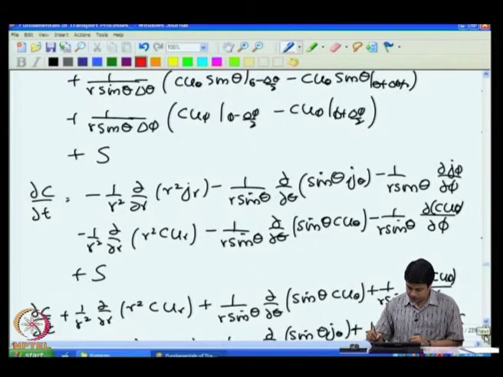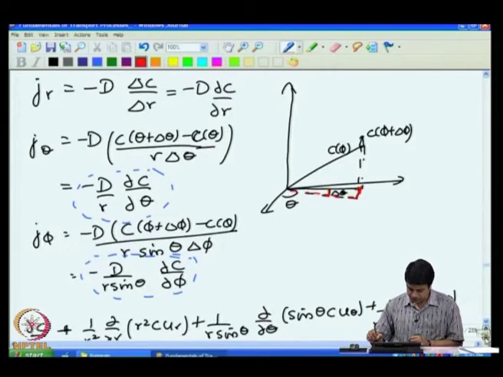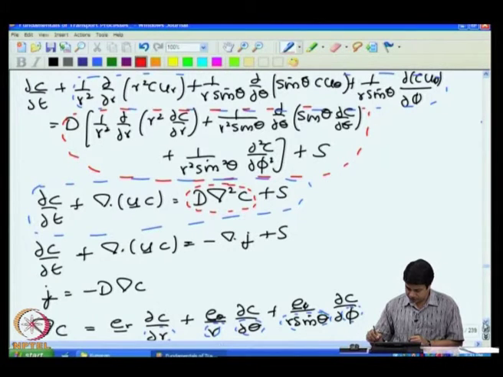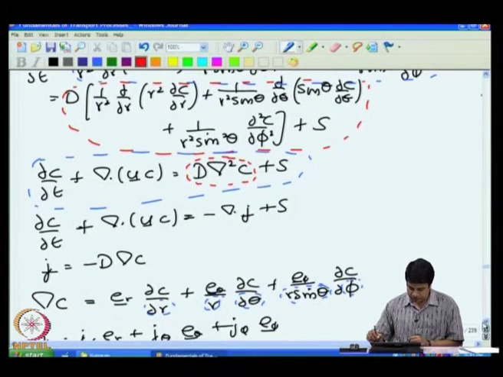And there, by doing the shell balances, we had got a different form for the divergence and the Laplacian operators.